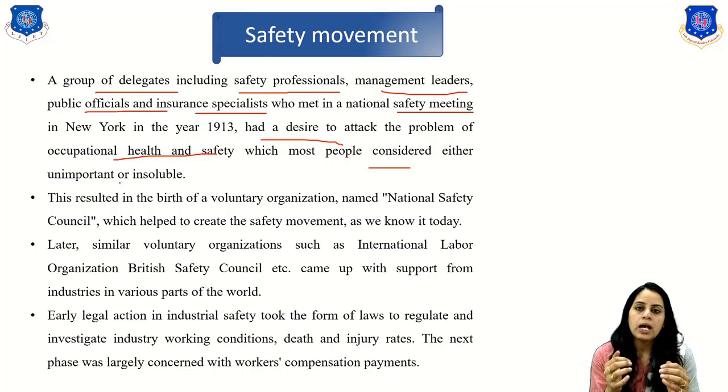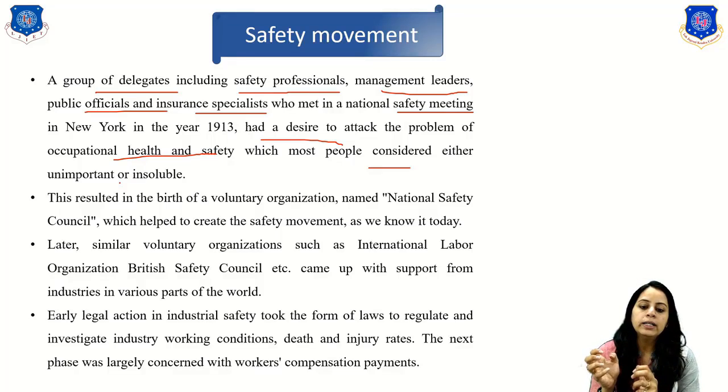This resulted in the birth of a voluntary organization, the National Safety Council, which helped to create the safety movement as we know it today. Later, similar voluntary organizations such as the International Labour Organization and British Safety Council came up with some support from industry in various parts of the world.